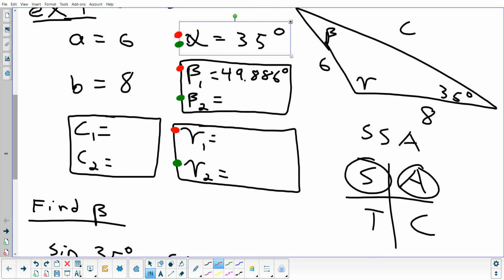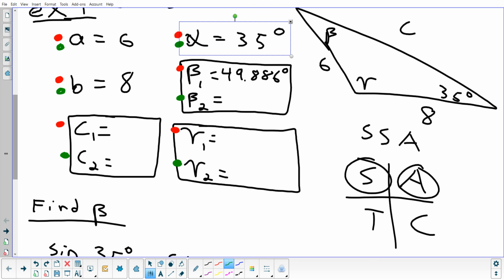And you could do the same with the sides. A, B, and C1 are the 3 sides in the red problem. And A, B, and C2 are the 3 sides in the green problem. So you should have 3 red sides, 3 red angles, 3 green sides, 3 green angles.